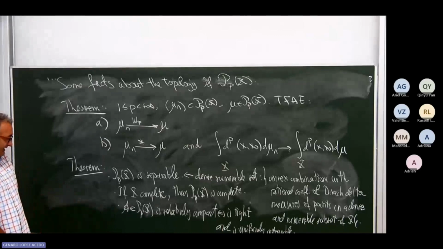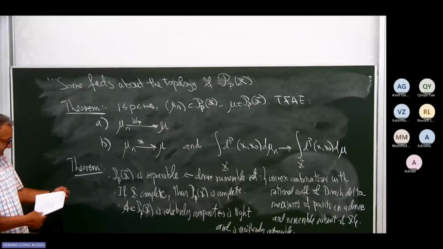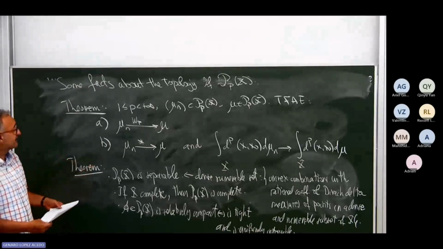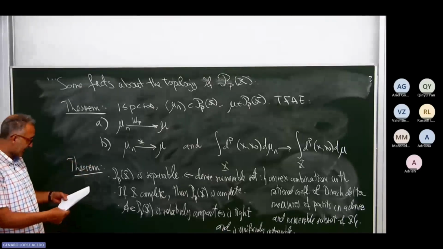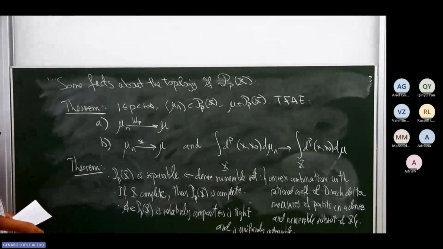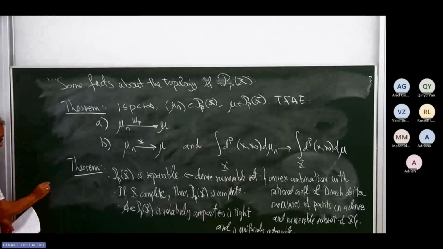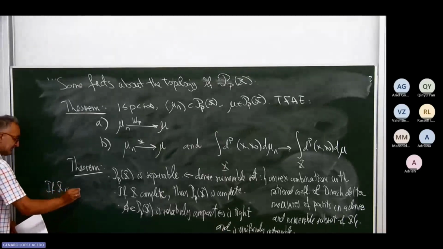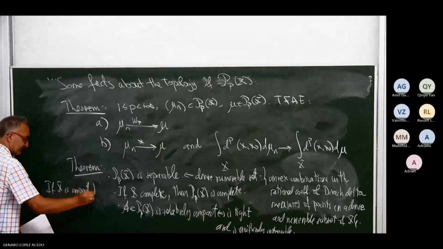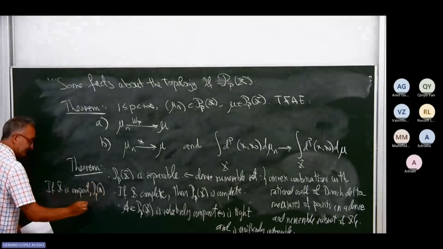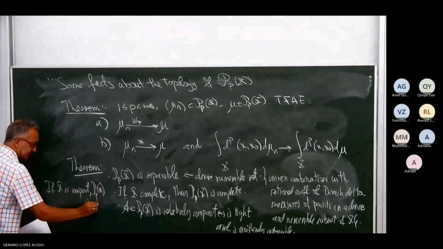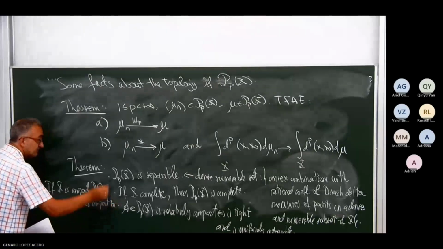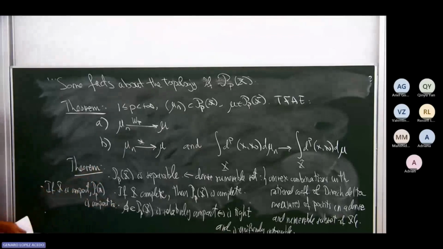And what about the compactness? Well, the compactness also basically follows from here. If we suppose X is compact, what we have is that P of X is compact too, which is very simple. This is already written here.